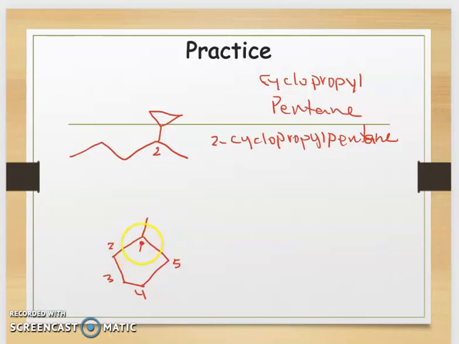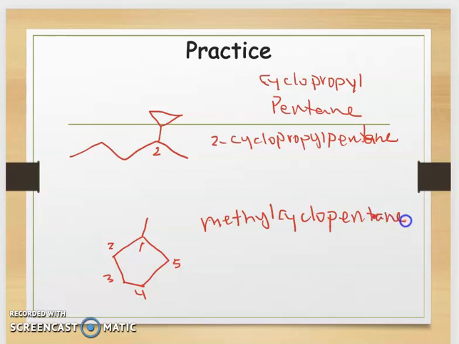Okay, so then depending on where you have the next branch, you either go this way or that way. You want all your branches to have the lowest number of carbons possible. All right, so for this one now, the branch is methyl, so you're just going to simply call it methylcyclopentane. Okay, it's a cyclopentane with a methyl group.